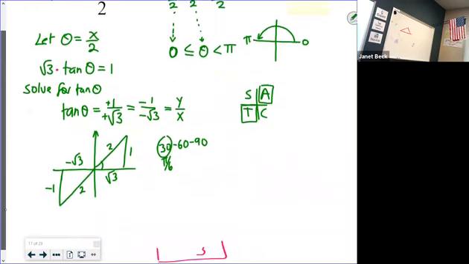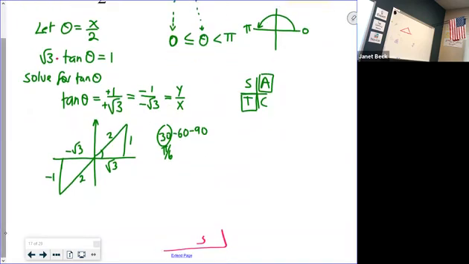So let's write out our solutions. I'm deliberately going to do something wrong. In quadrant 1, my solution is pi by 6. In quadrant 3, my solution with a reference angle of pi by 6 would be 7 pi by 6.